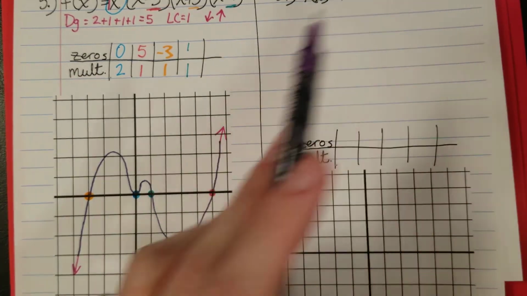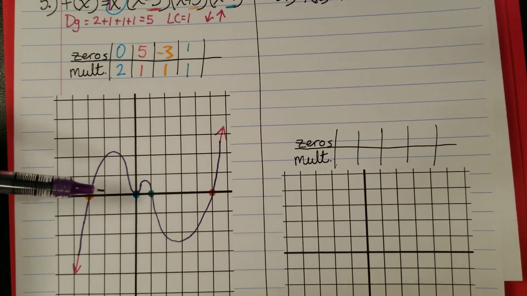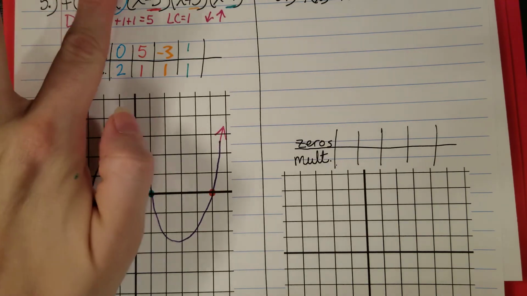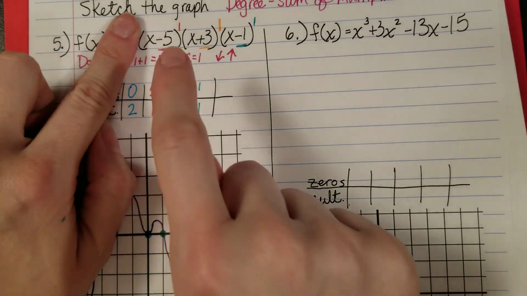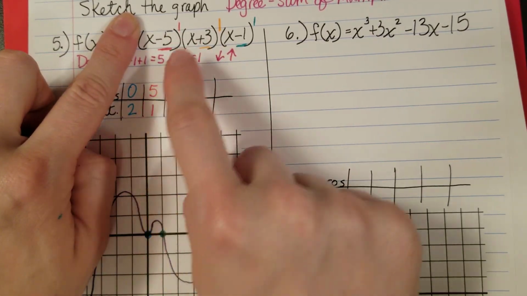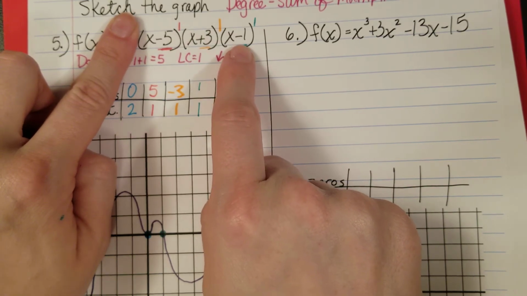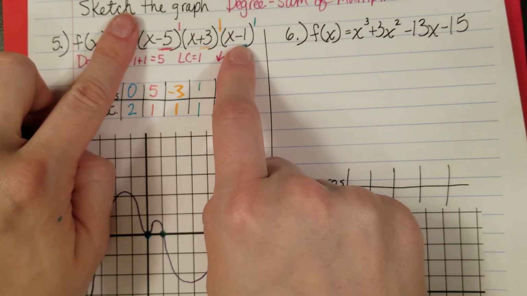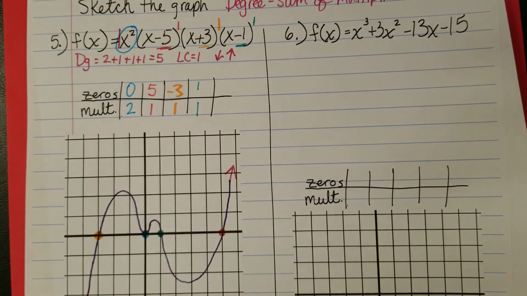In this case, it wouldn't really help because it's right here. But if that wasn't there, you could just plug 0 in for x. It'd be negative 5 times 3 times negative 1, so it'd be 15. You'd be able to graph that y-intercept, and then it would make you a nice graph on the computer.